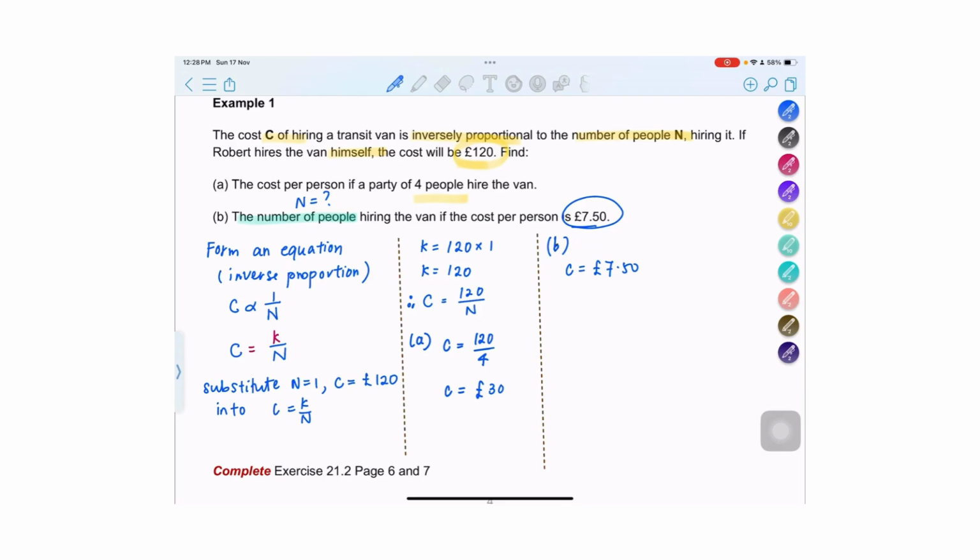We put it into the equation: 750 equals 120 over n. To work this out, we swap n and 750 to find how many people are sharing. So n equals 120 divided by 750. From here, I get that n is 16 people.